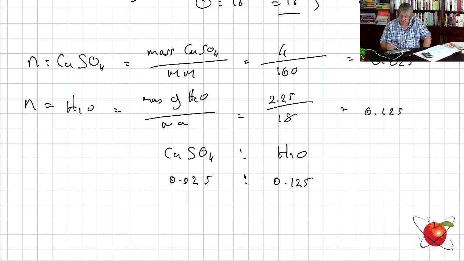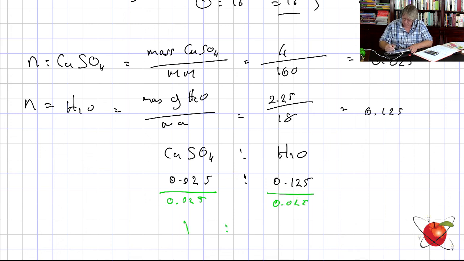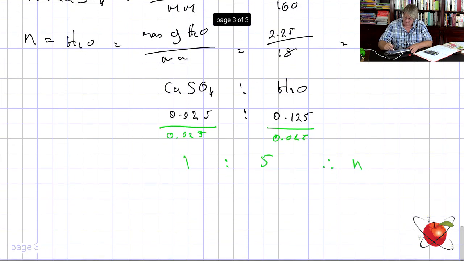What is the ratio here? Divide by 0.025. Okay. 0.125 divided by 0.025 is 1:5. Therefore, n, or x rather, they usually use x, X equals 5. Right? Because we had 1:5.